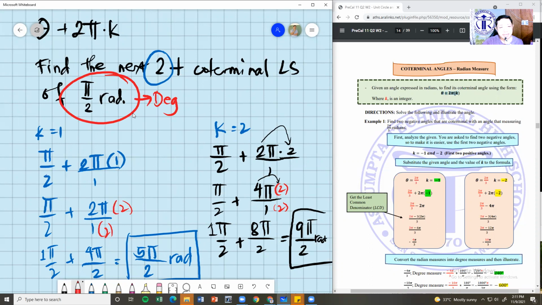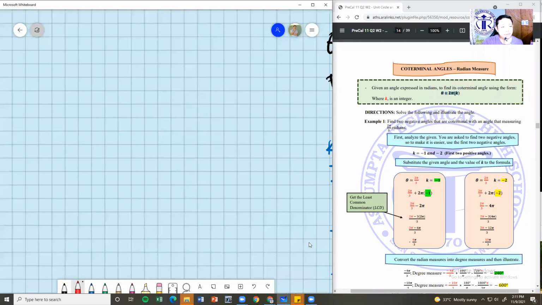Convert nyo para ma-drawing nyo. So when you convert pi over 2 to degrees, you need to multiply it by 180 over pi.